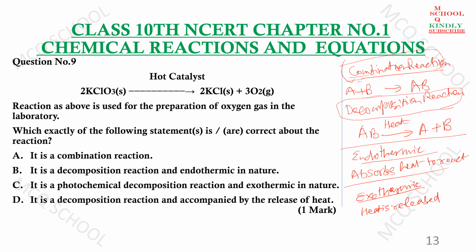Endothermic means the reaction absorbs heat to react, like in our case, heat is being given to decompose. Exothermic reactions are those in which heat is released, but this is absorbing heat. So it is B for sure. So the right answer is B.